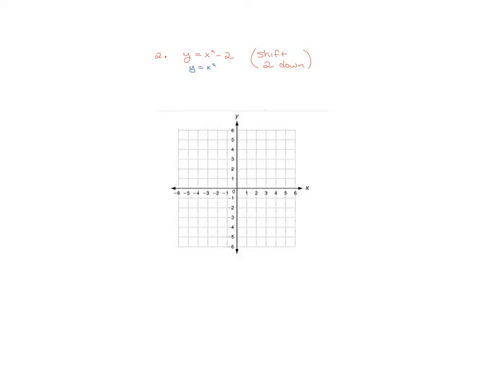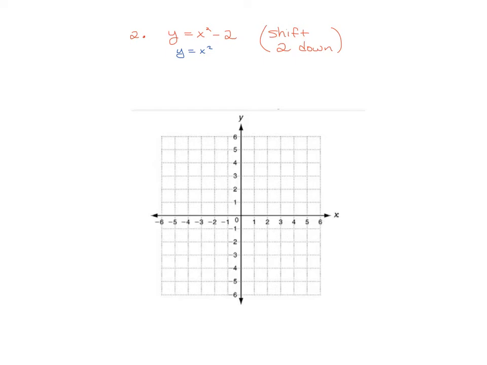The next example has a subtract 2. It's still compared to the x squared function. This time when we're subtracting 2, it's going to be a shift down of 2 units. I'm going to still graph the original, and again the ordered pairs negative 1, 1, 0, 0, and 1, 1.